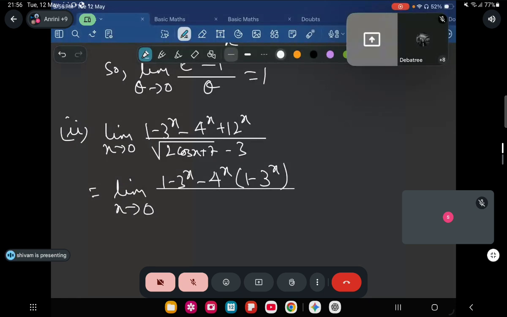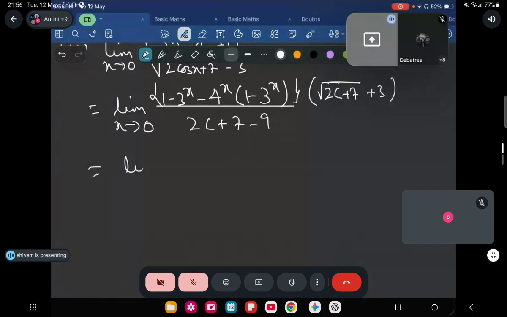So this will become root 2 cos x plus 7 plus 3, divided by 2 cos x plus 7 minus 9. The numerator will give 1 minus 3 to the power x into 1 minus 4 to the power x.